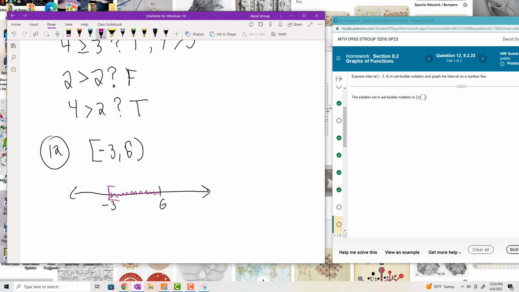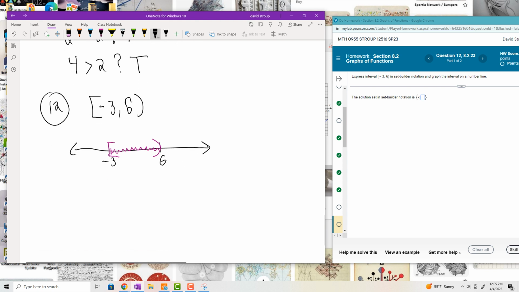And we include -3, but don't include 6. Okay? As an inequality, you wedge x in between -3 and 6. And then we put the line underneath the first inequality because x can actually be equal to -3, because -3 is included in the set.